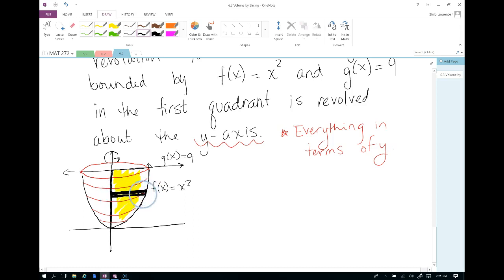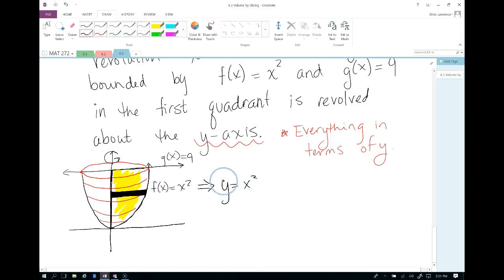That slice helps you to identify the radius. So our radius goes from the axis of revolution out to the f of x equals x squared graph. But we need to rewrite this in terms of y. This is technically y equals x squared.